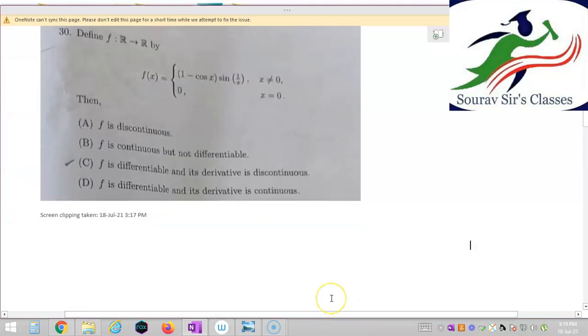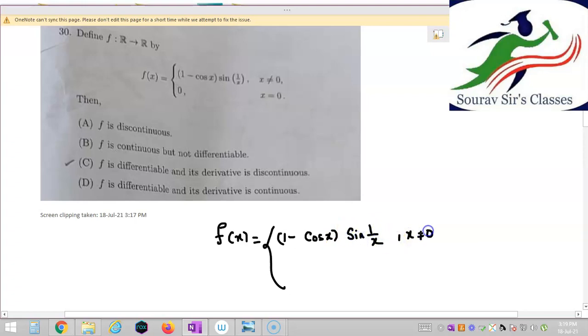f(x) is equal to (1 minus cos x) into sin(1/x) when x is not equal to 0, and 0 when x is equal to 0.